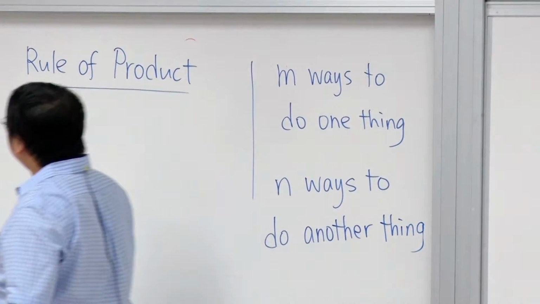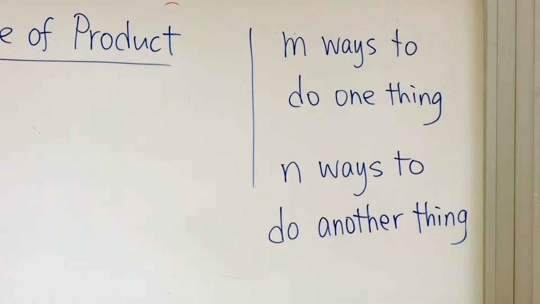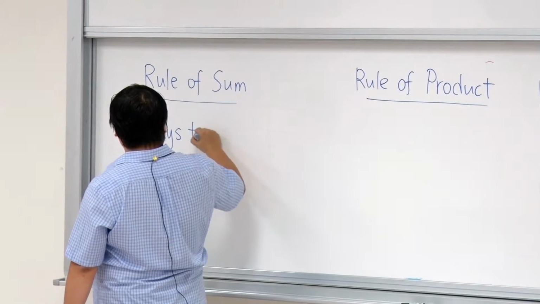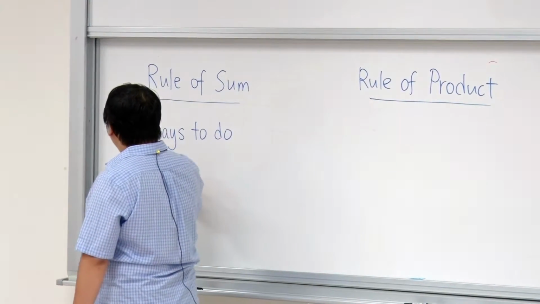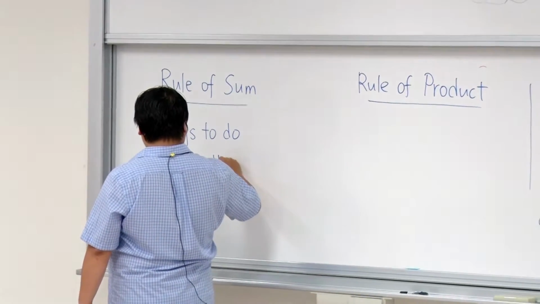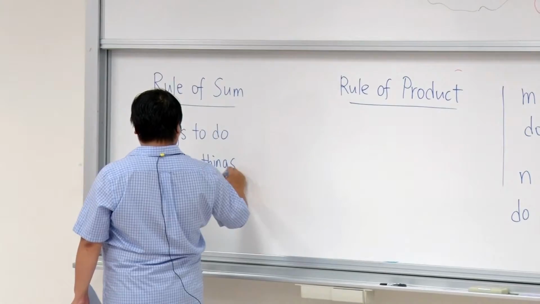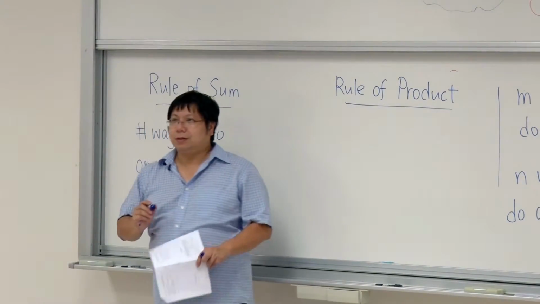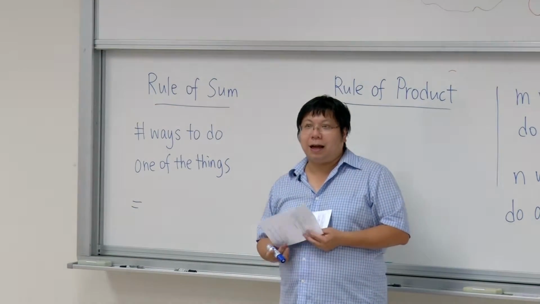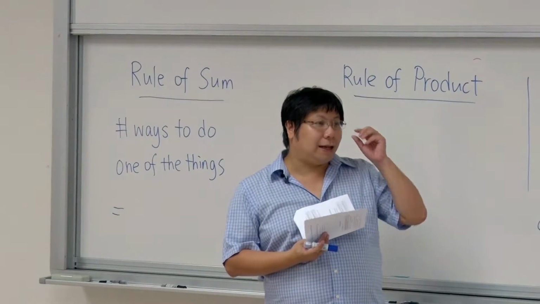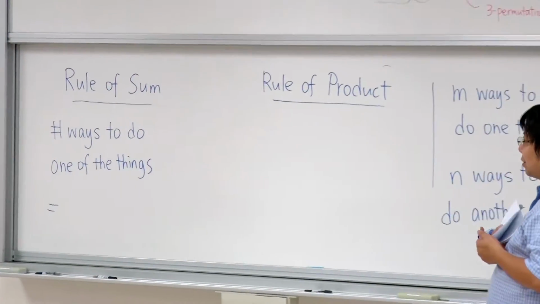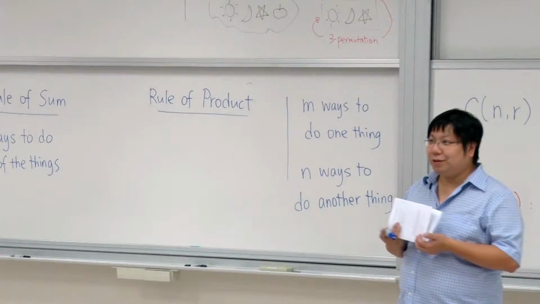Rule of sum says the number of ways to do one of the things is equal to... So there are m ways to do one thing, like there are m ways that I can have lunch in 水木, okay?